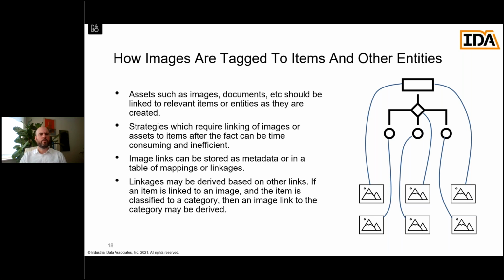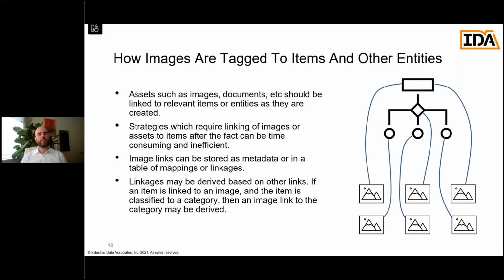And DAM can store these links, or other content consuming systems can store links to DAM in different tables or mappings or linkages. It's also possible to derive links to different types of items and entities.